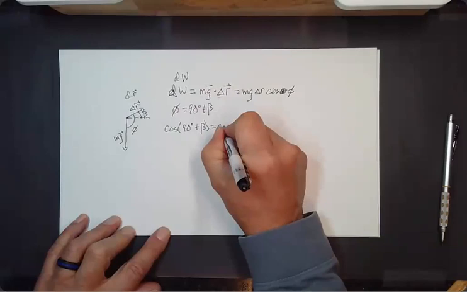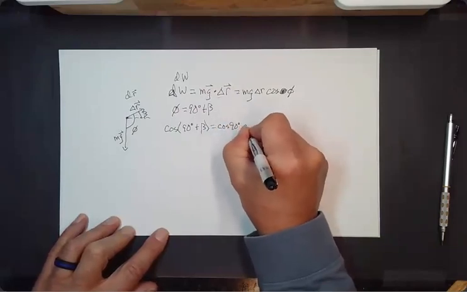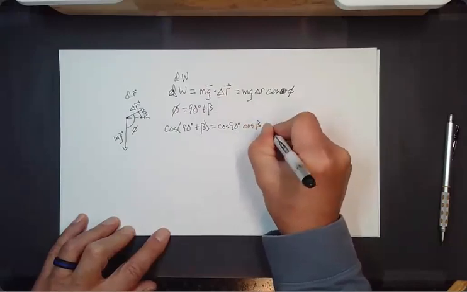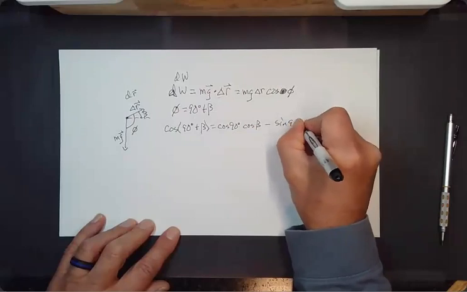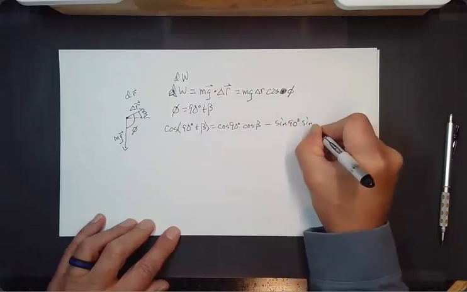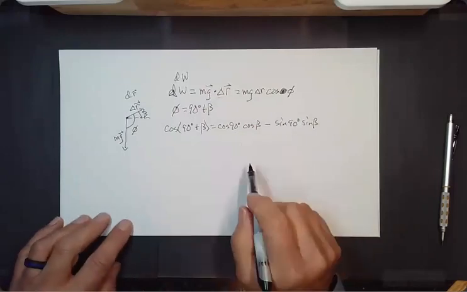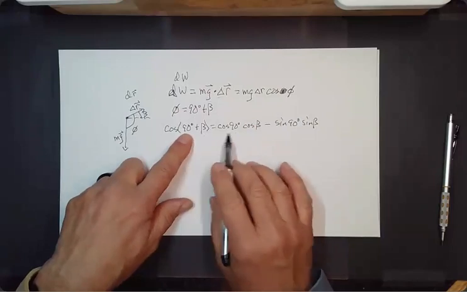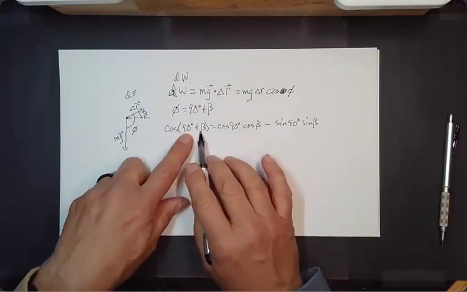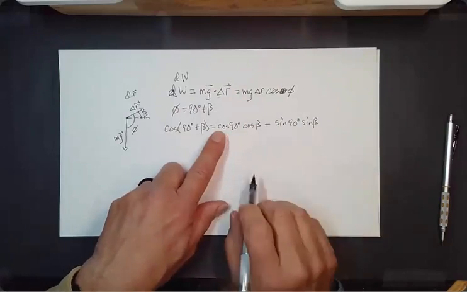It'll be the cosine of 90 degrees, the cosine of beta minus the sine of 90 degrees, sine of beta. And this just comes out of a trig formula. I don't remember how that one got derived, but it's the sum of two angles. And if you just had alpha plus beta, it'd be the cosine alpha, cosine beta minus sine alpha, sine beta.